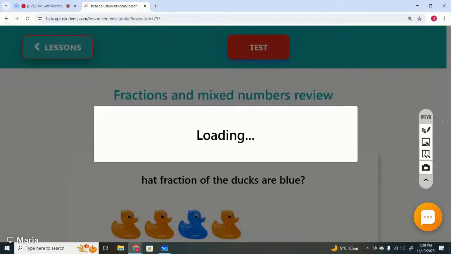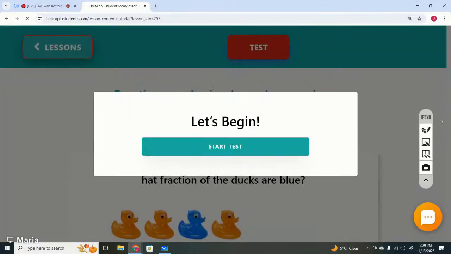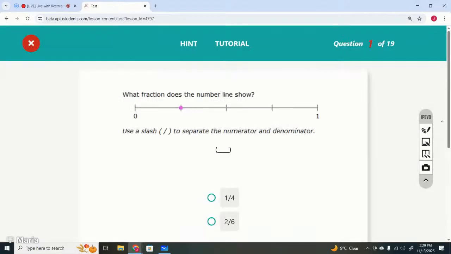Let's just start with the test questions. What fraction does the number line show? That is 1 out of 4. Option number 1 is the correct option.